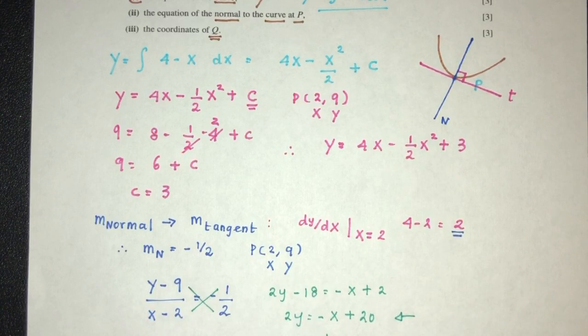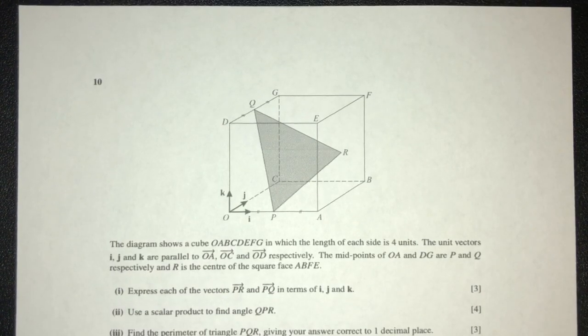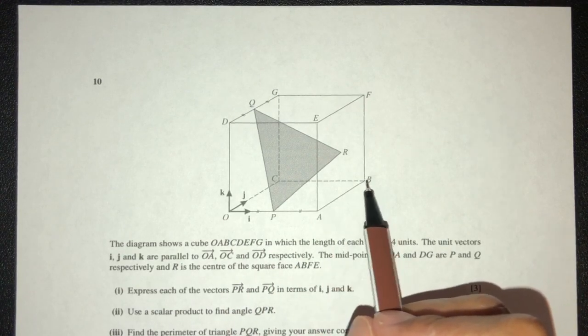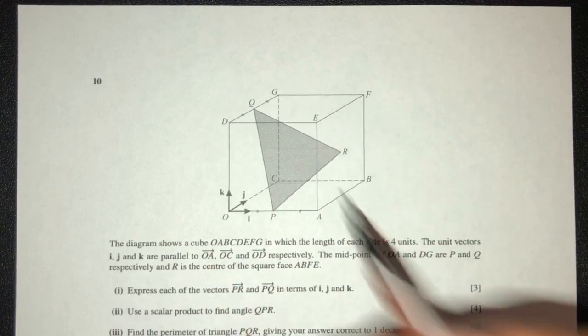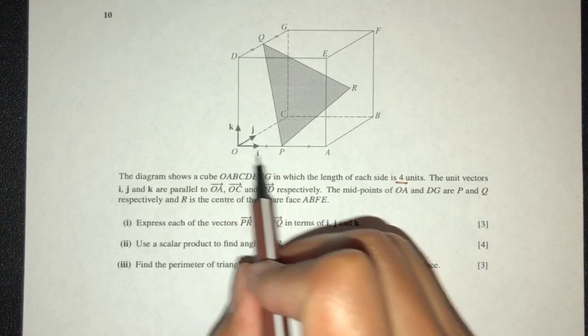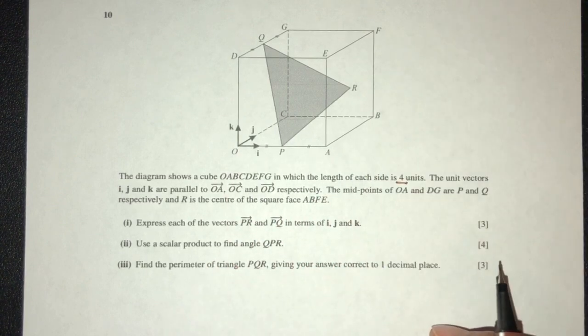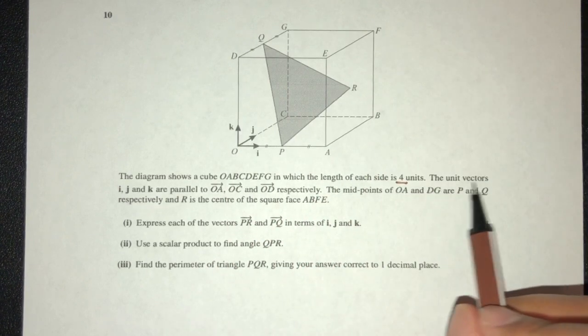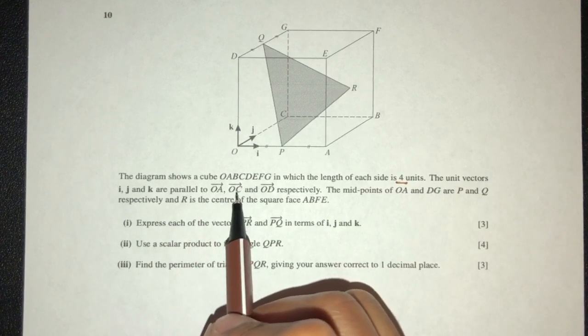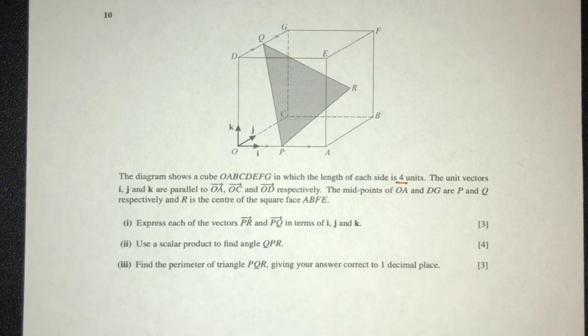Part 3. Let's move on to the next question. The diagram shows a cube OABCDEFG in which the length of each side is 4. This is 4, 4, and 4. Okay, good to know. Now, the unit vectors I, J, and K are parallel to OA, OC, and OD respectively, as we can see here.